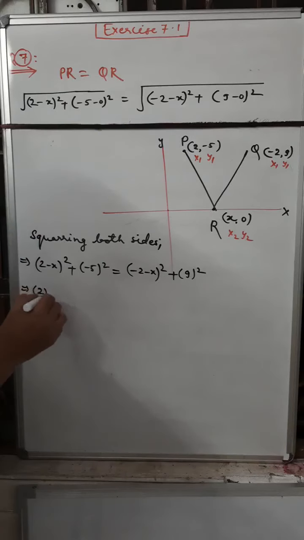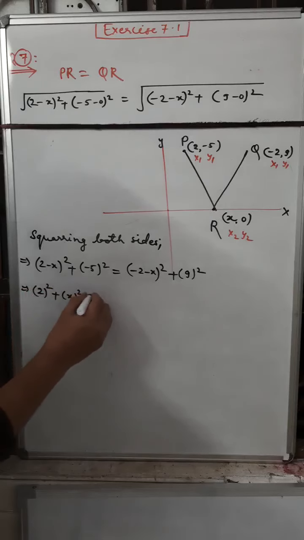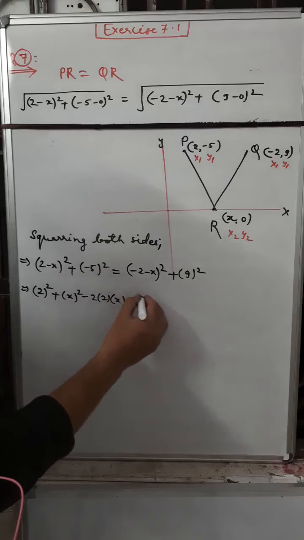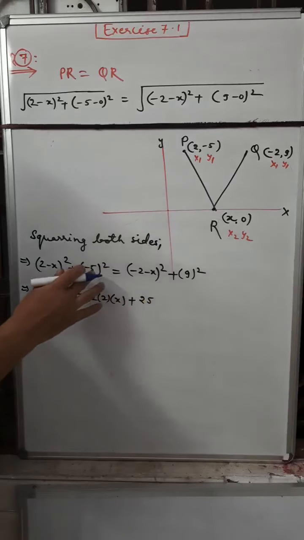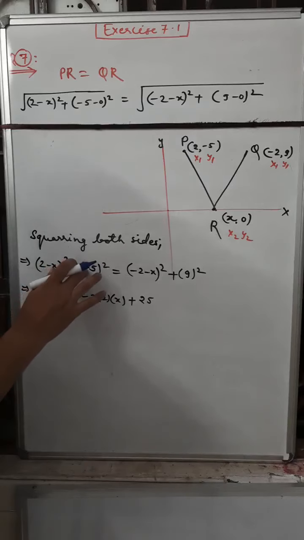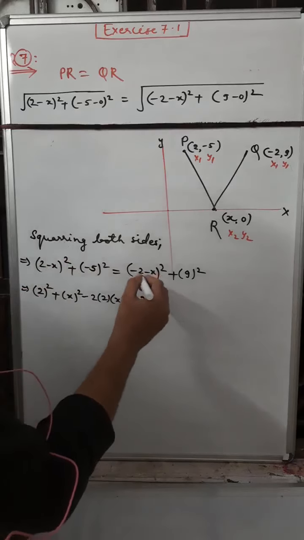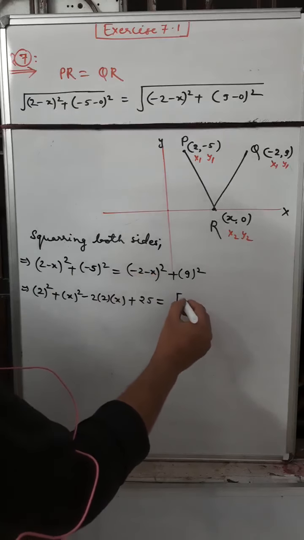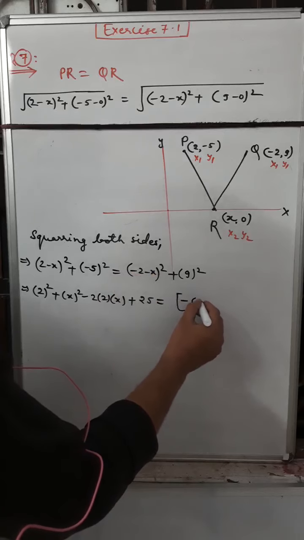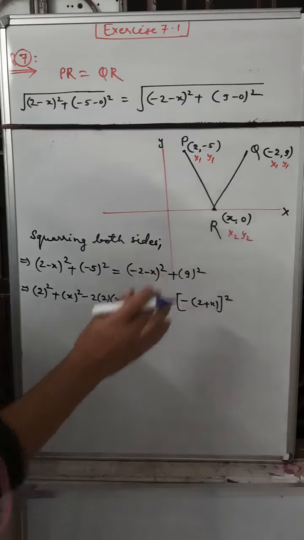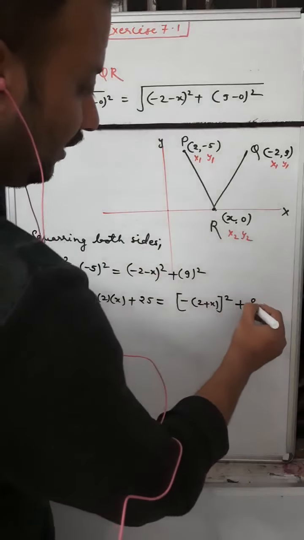So minus 5 square means plus 25, minus 5 into minus 5, 5 fives are 25, and minus minus will become plus. On the right side, if we take minus common, we will get 2 plus x whole square, and 9 nines are 81 here.